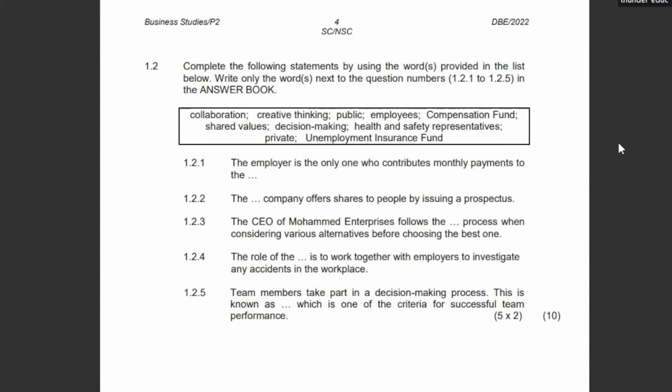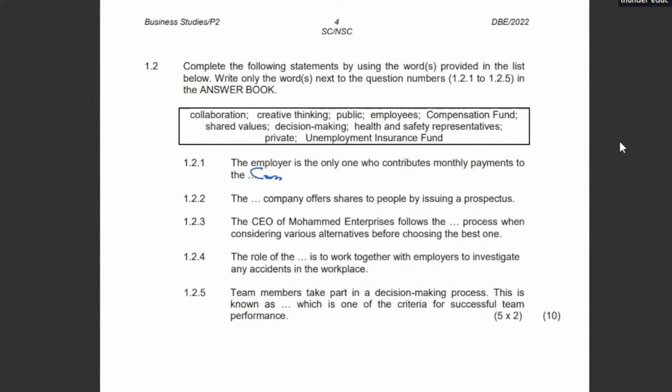The employer is the only one who contributes monthly payments to the dash. So this one, the correct answer here is compensation fund. Unlike UIF, where the employee as well is expected to contribute something, 1%. Under UIF, an employee is expected to contribute 1%, and the employer also contributes 1%.